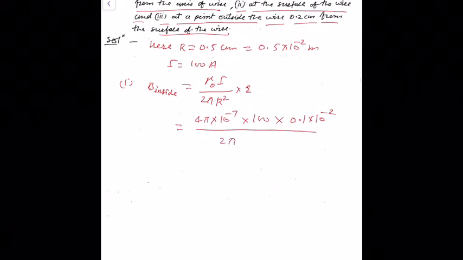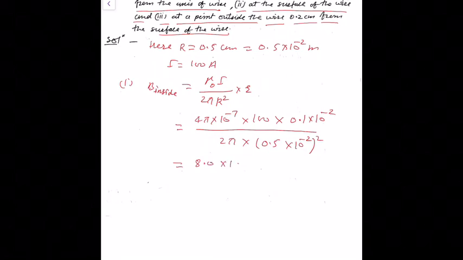So put the value, mu naught 4 pi into 10 to the power minus 7, into I 100 ampere, into small r 0.1 into 10 to the power minus 2, upon 2 pi, capital R 0.05 into 10 to the power minus 2, whole square.